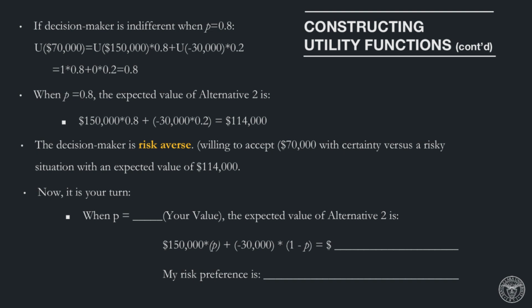And actually, you can plug in your P value and compute your expected value of alternative 2. As long as your expected value is higher than $70,000, your risk preference is risk averse. Of course, if your expected value of alternative 2 is lower than $70,000, it means you are risk seeking.